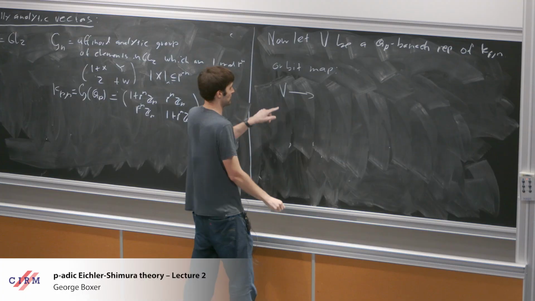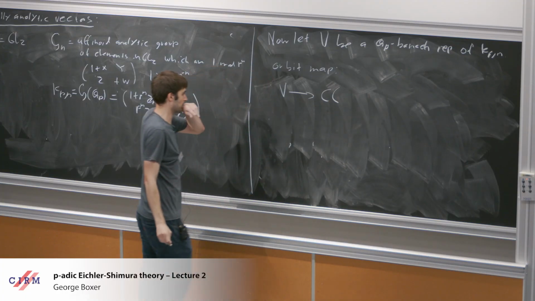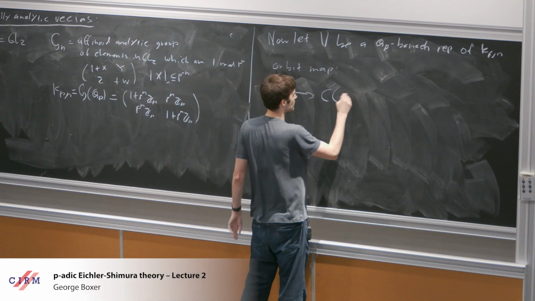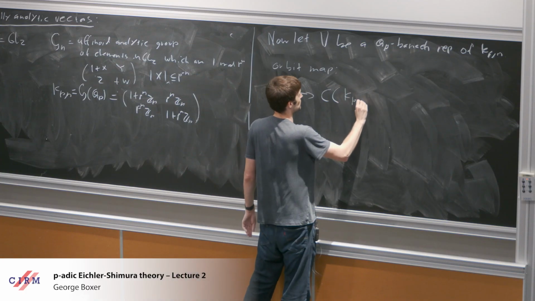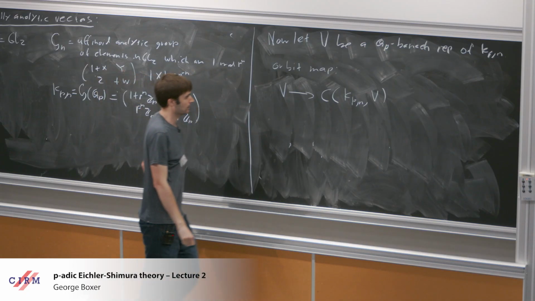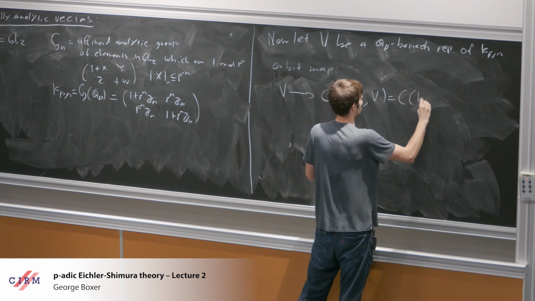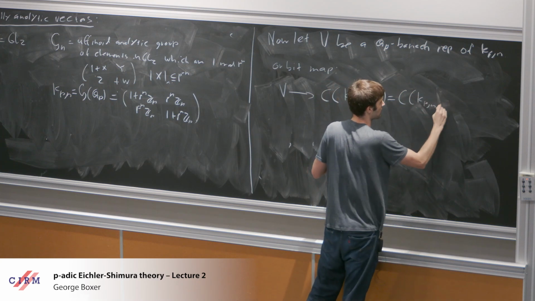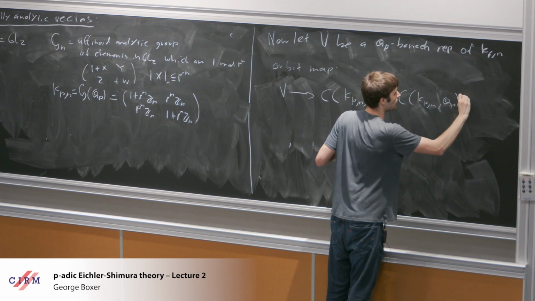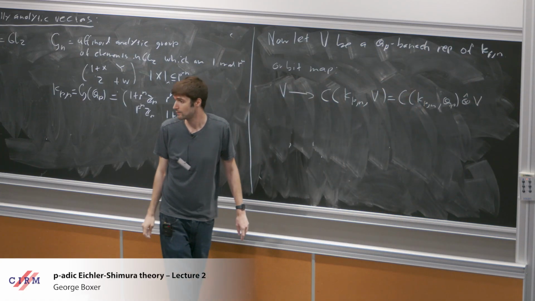This is the map which sends V to continuous functions from K_{p^n} to V, which is really the same thing as the completed tensor product of continuous functions on K_{p^n} with values in Q_p with V.